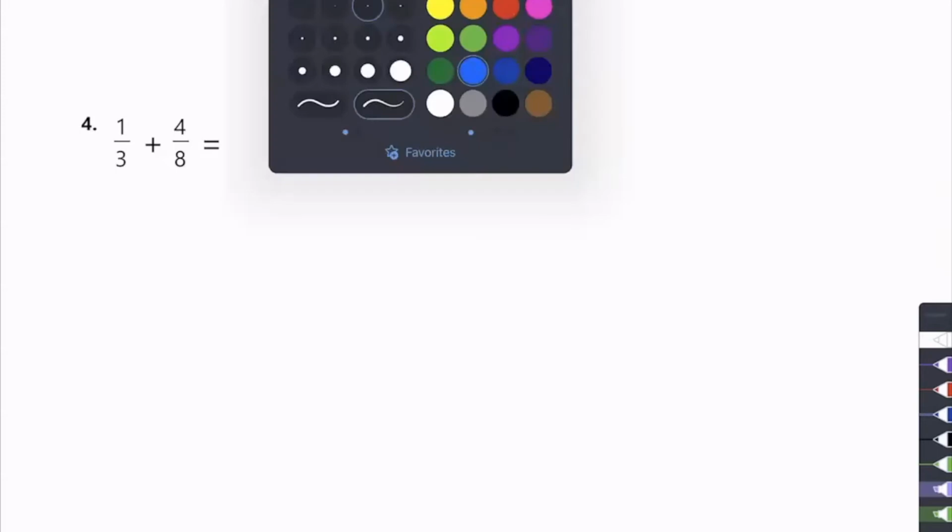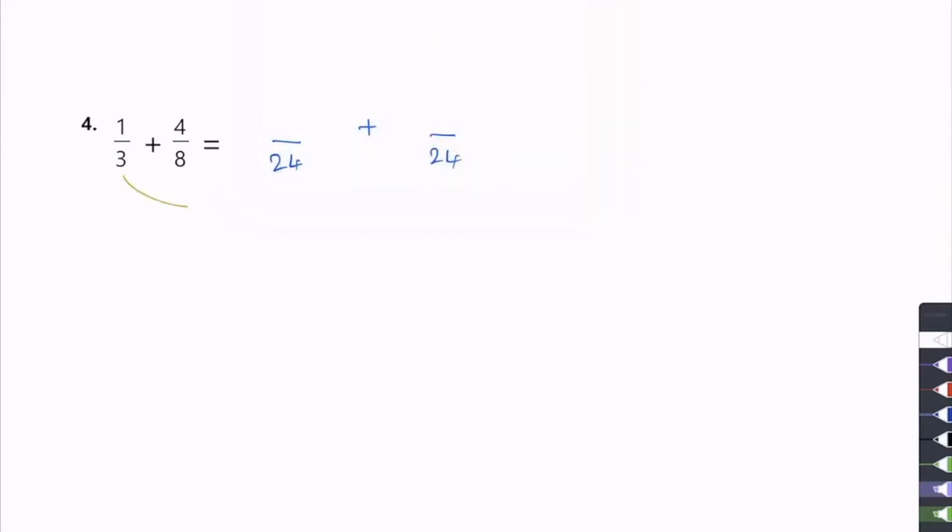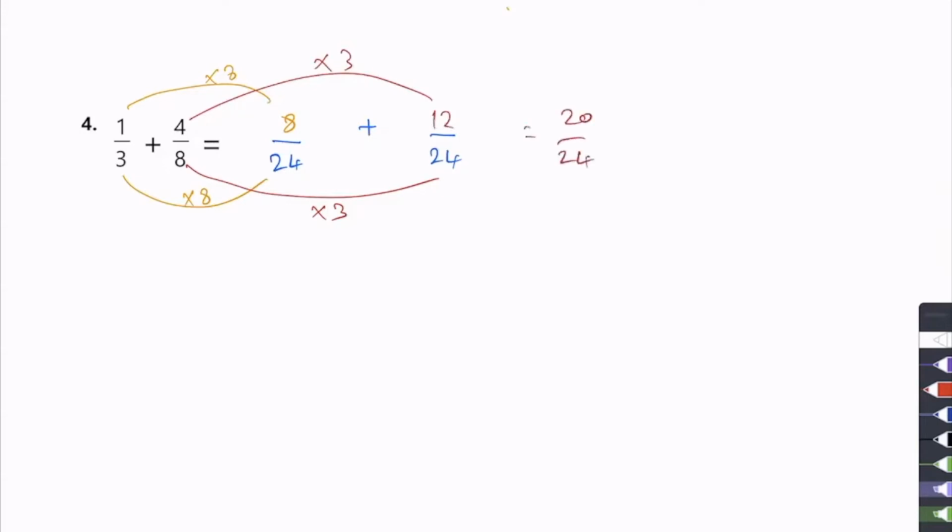And you can then go down this route. 3 times 8 gives me 24. 1 times 8 gives me 8. And then 8 times 3 gives me 24. 4 times 3 gives me 12, which gives me 20 over 24, which is the same as 10 over 12, which is 5 over 6.